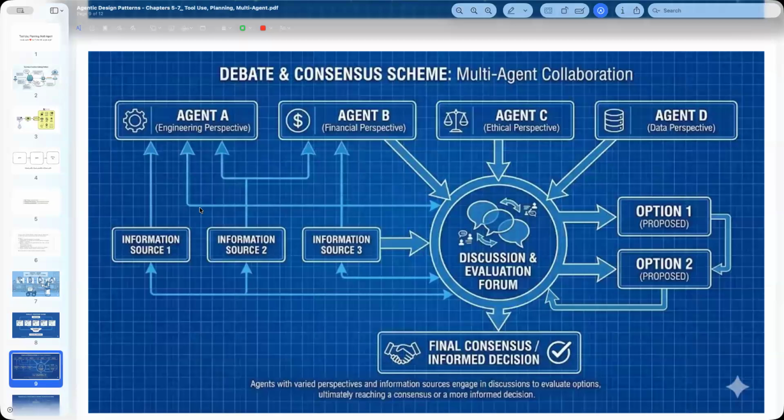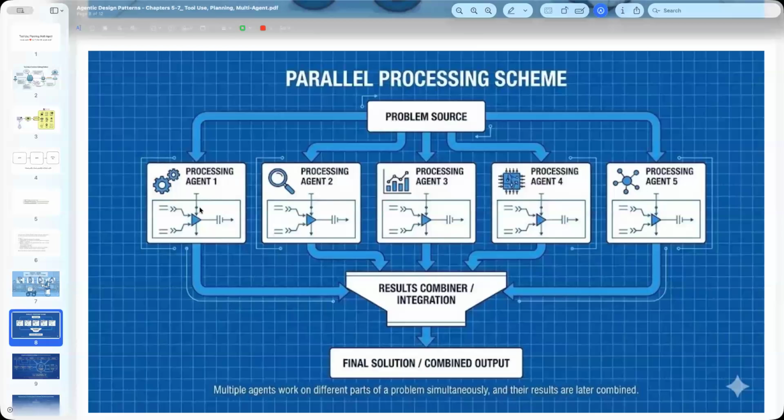Another scheme presented in the book is the debate and consensus scheme. The illustration is kind of messy, but I think it's roughly the same idea here, that we feed some data to multiple agents in parallel.